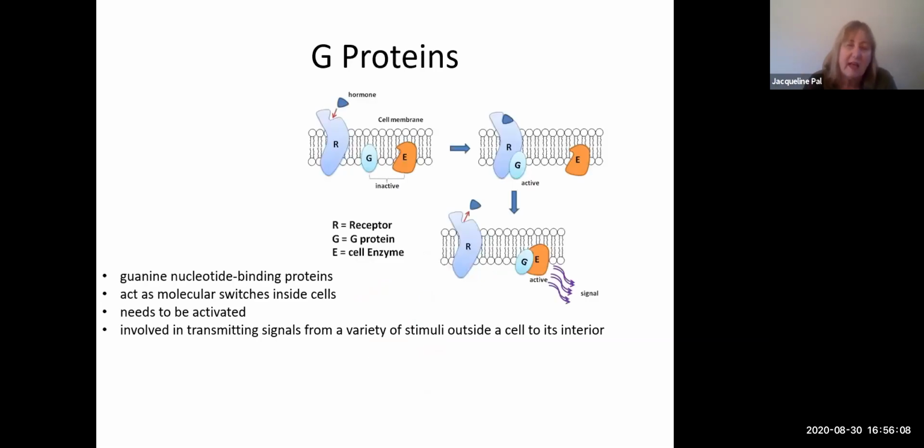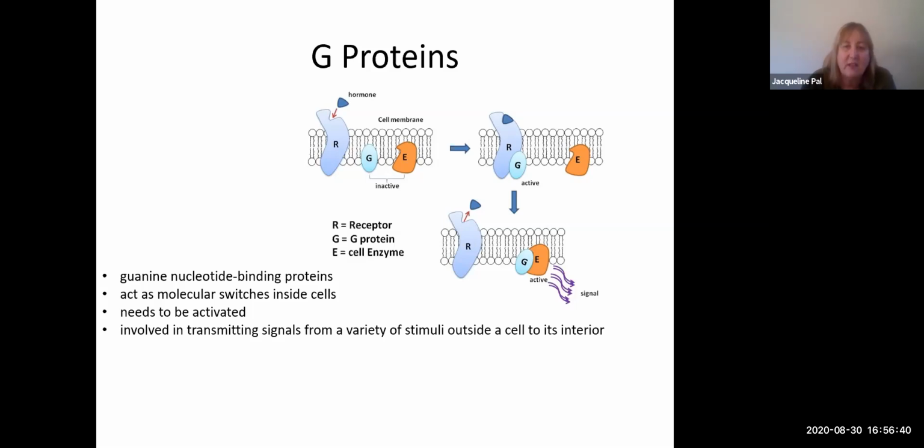Now, the second component is a G protein. The G has to do with the nucleotide guanine, and this is a protein that's a peripheral protein on the inner aspect of the phospholipid plasma membrane, and it acts kind of like a switch inside the cell, but it needs to be activated.